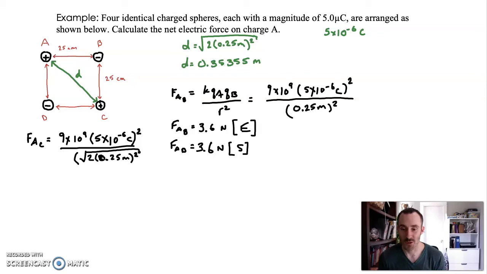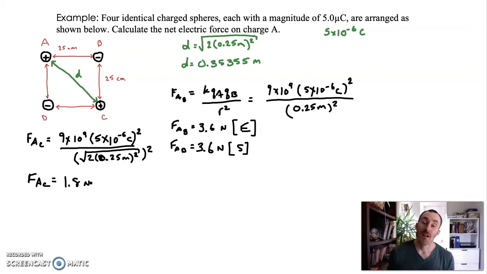I'm doing the square root of that, and then I'm squaring it. So really you can get rid of the square root there. Okay, and so what I end up with once I have done all of that is that the force on A because of C is 1.8 newtons.